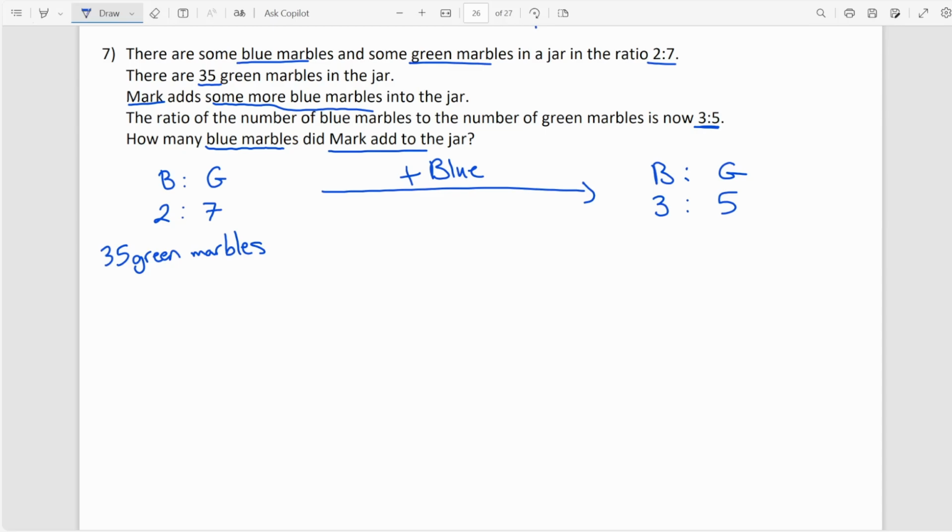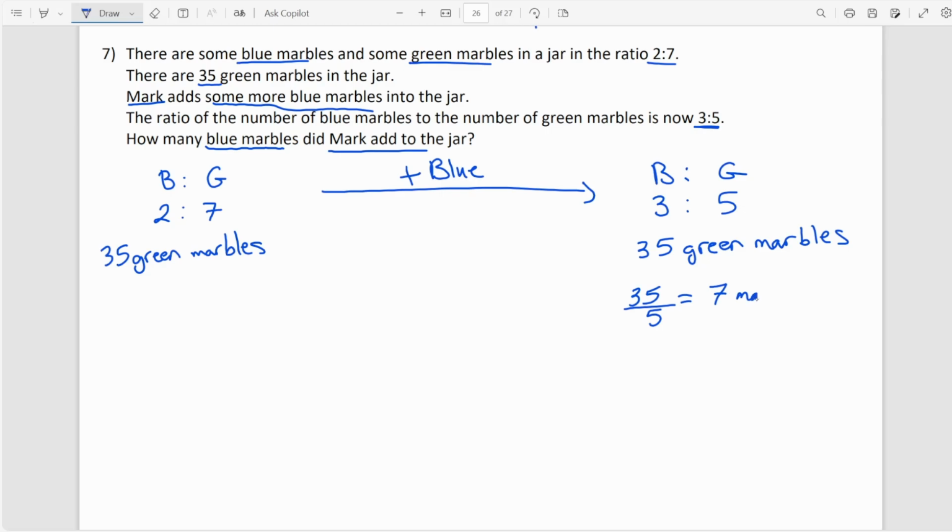So if you remember, the way we solved such questions is by firstly taking a look over here. Look, we know that we had 35 green marbles and we added blue, which means the green never changed. So in this ratio, we still have 35 green marbles. All right. So I can go ahead and divide 35 by 5, and this gives us 7.